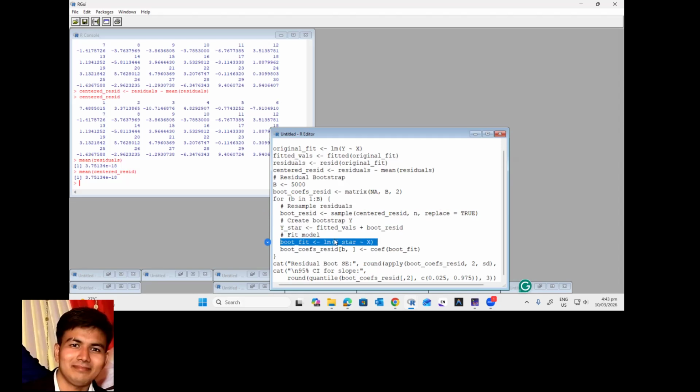We will apply the linear regression model with the ordinary least squares method. And here just remember one thing, that X is the original predictor, that is not resampled. After that we take the coefficients of the fitted bootstrap model and store them in the matrix.